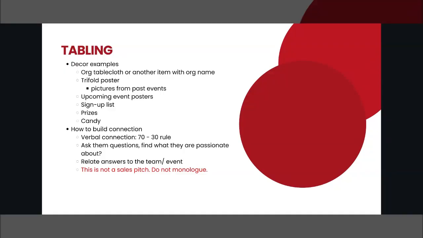Fourth, prizes and candy. Typically, these go along with some sort of other activity, right? How can you make tabling fun for the individual, for the student? What is the extra piece? What is the extra draw?